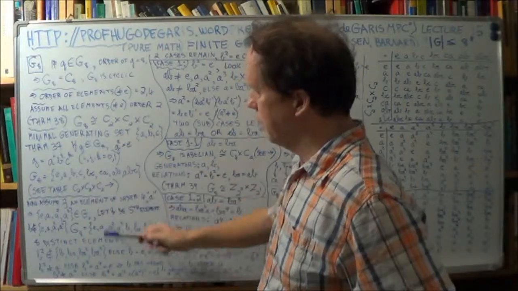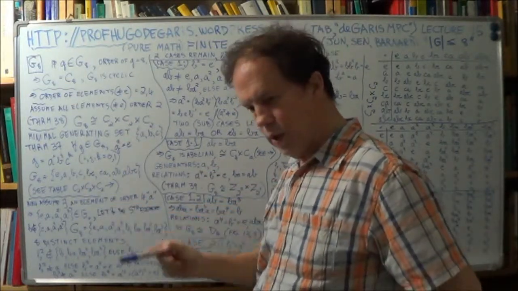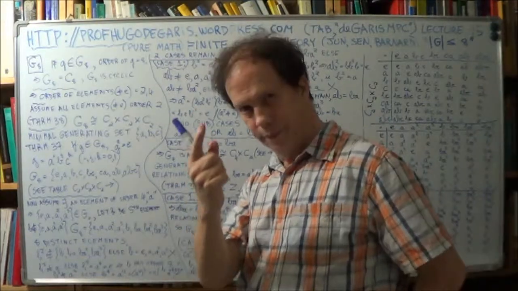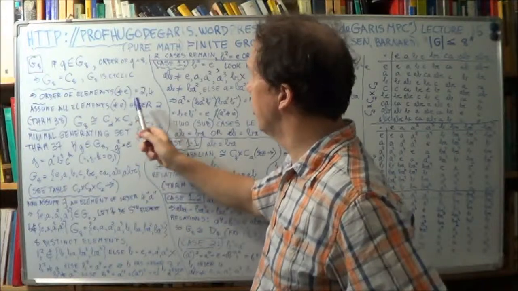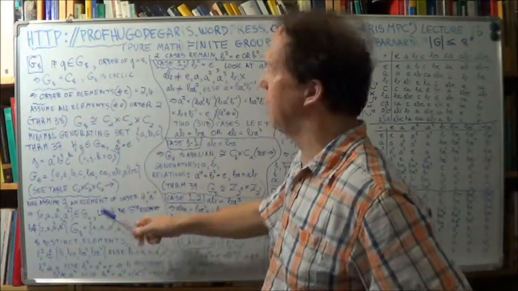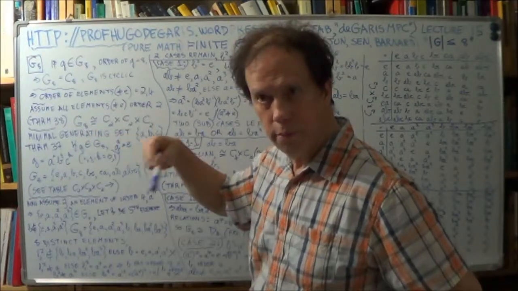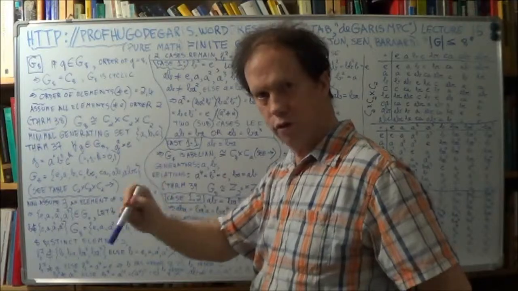So that covered that case. Now let's be systematic. Let's take the case where at least one of the elements has order 4. Right? So if it's not 8 and it's not 1, the order that an element can have, by theorem 49, the order of an element divides the order of the group. Right?